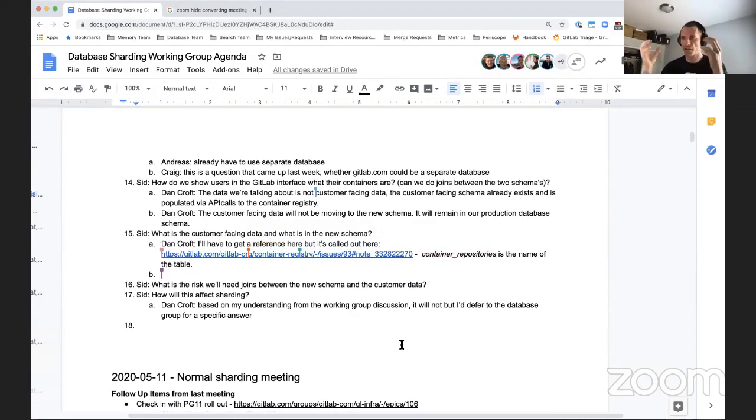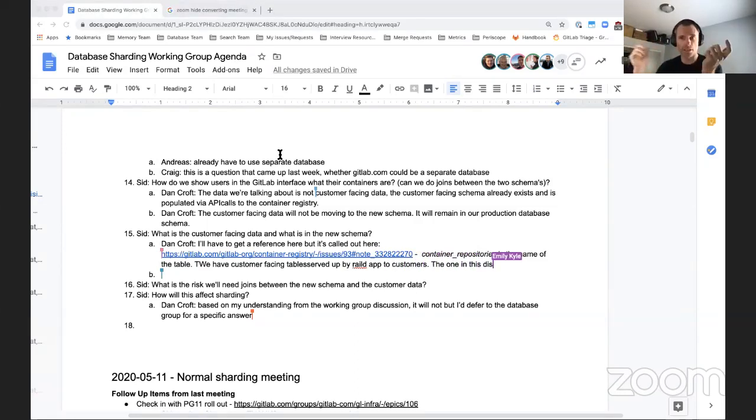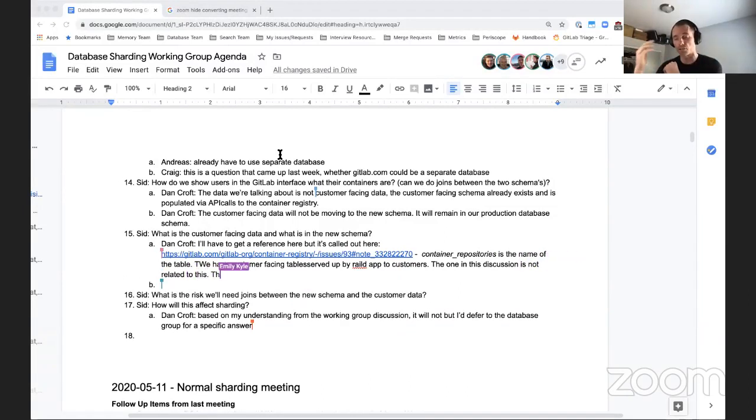So the two parts of this data, Sid, is we've got customer-facing tables within our current schema. And that data is actually being served up via the Rails app to our customers. The schema we're talking about building, the one that initiated this conversation, is internal and is not intended to be joined. There's no related data. We're not tracking project IDs or usernames or any of that stuff. It's not related. It's all interface via an API and API calls.